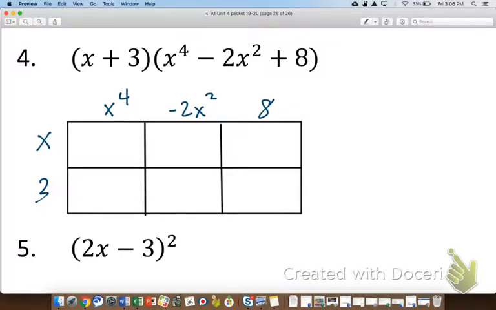So does your 2 by 3 look like that? Okay, we'll go through this step by step. I'll just color code it.